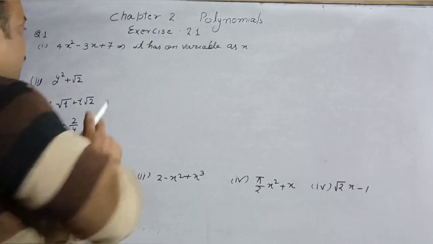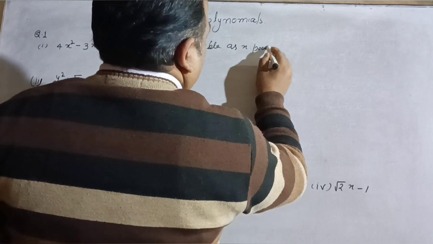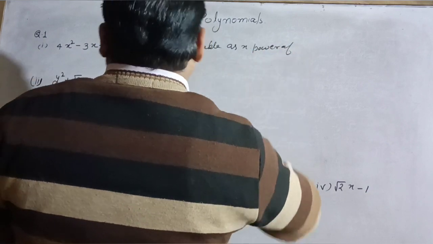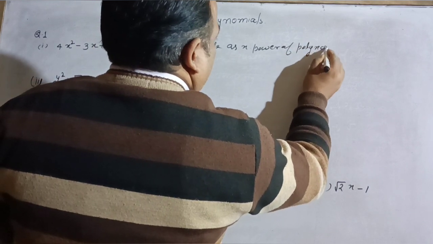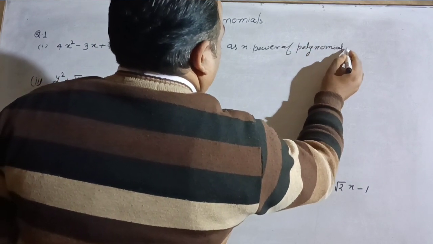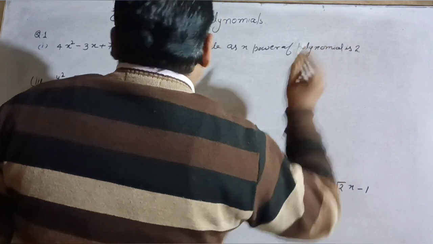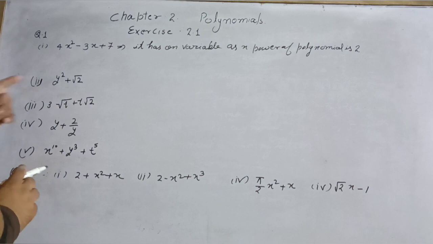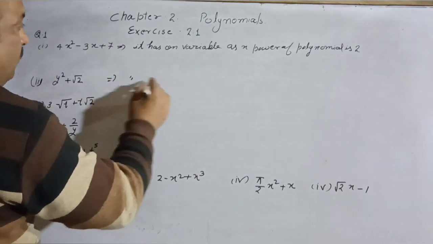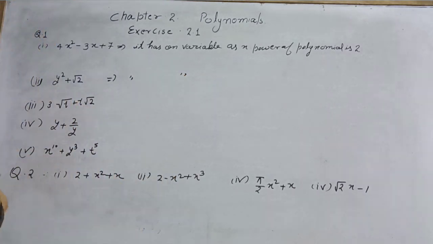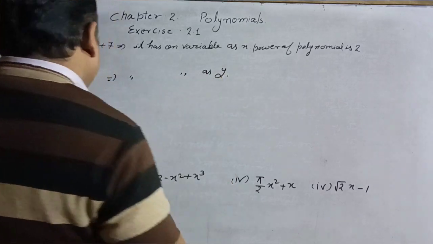And the power of the polynomial is 2. Here this also has one variable, y.